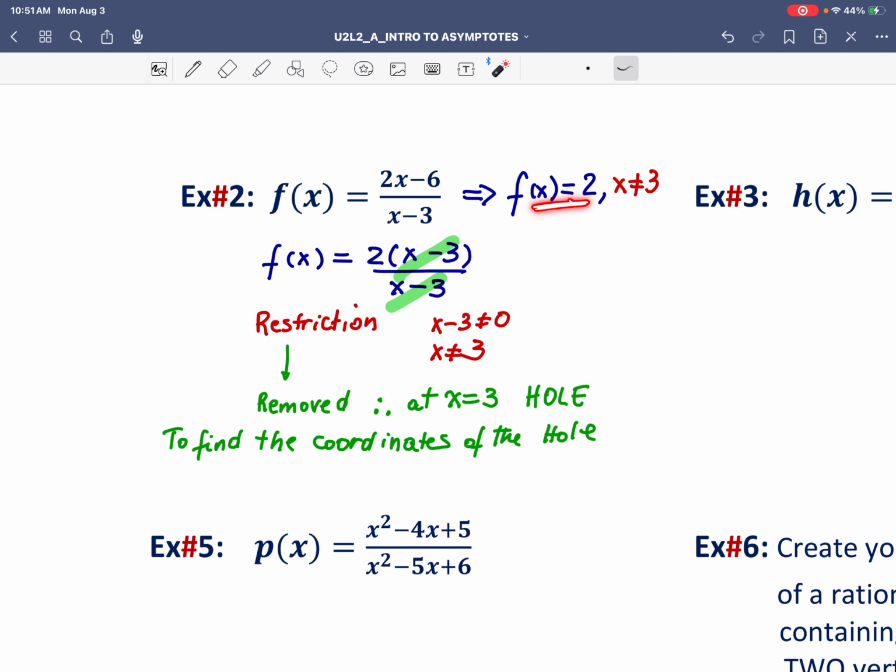Why do we use the simplified function? If you substitute x equals 3 in the given function, then the denominator will become 0. So it will be undefined. The function is undefined at that point. So I'm going to say here, use the simplified function.